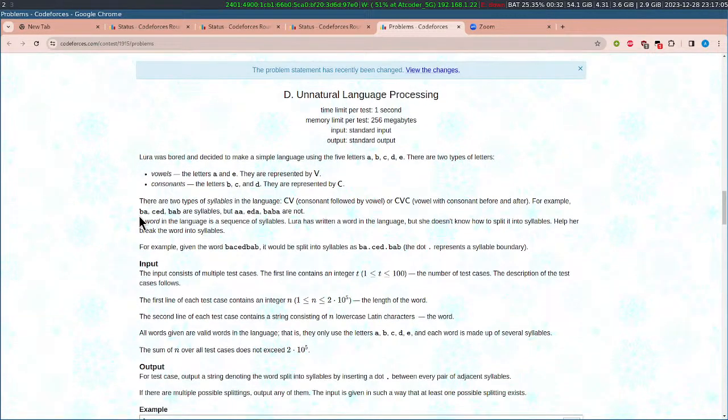For example, BA is consonant vowel. CED is consonant vowel consonant. BAB is consonant vowel consonant as syllables, but AA, EDA, BABA are not.